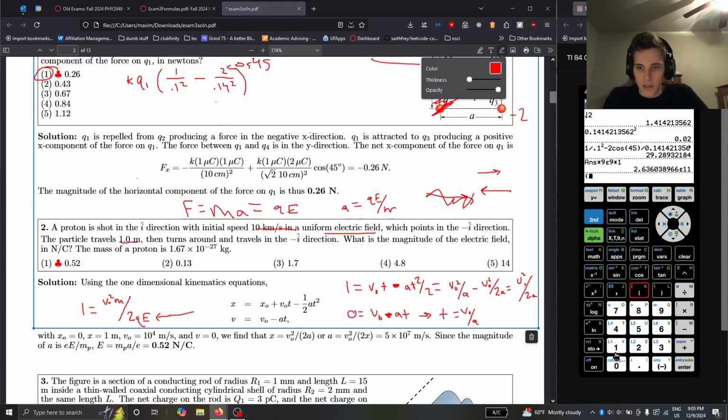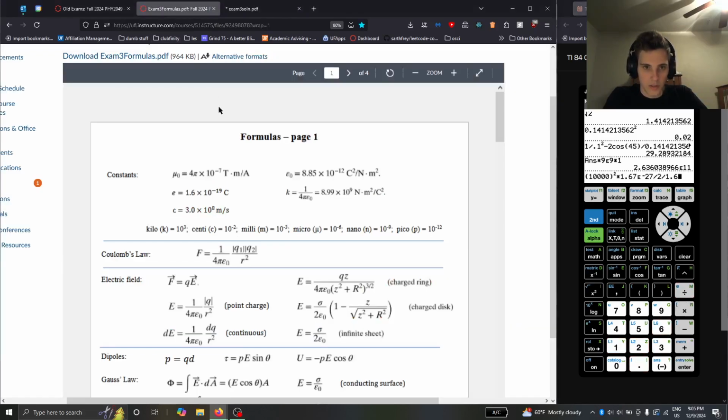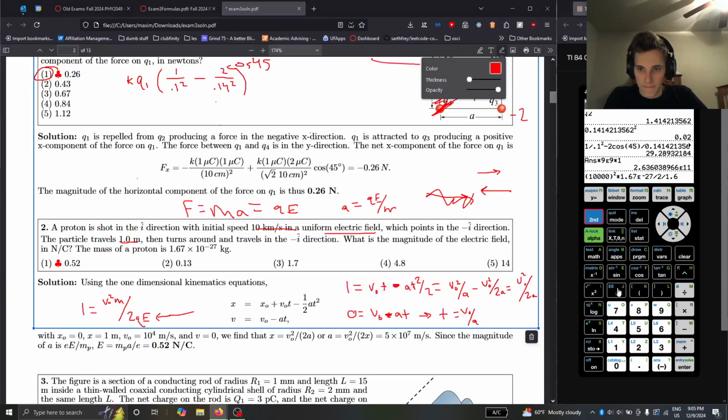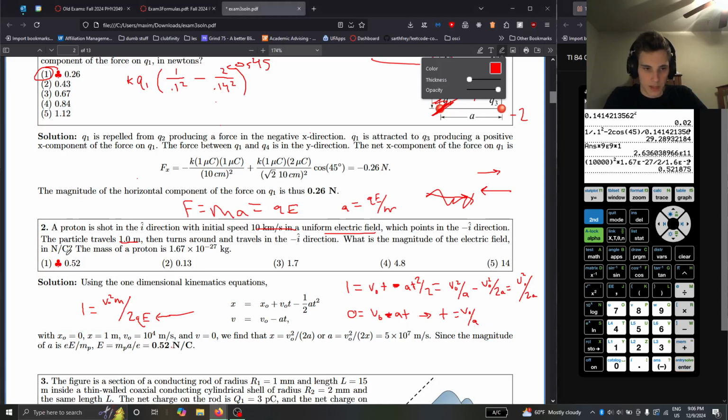So v naught is 10,000 squared times m, which is 1.67 times 10 to the negative 27, divided by 2, divided by q, which is the charge of an electron, 1.6 times 10 to the negative 19. And we get 0.52. So that's the answer.